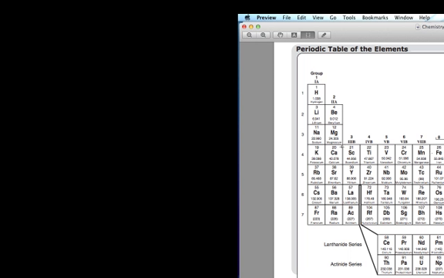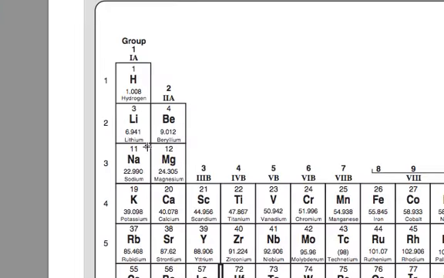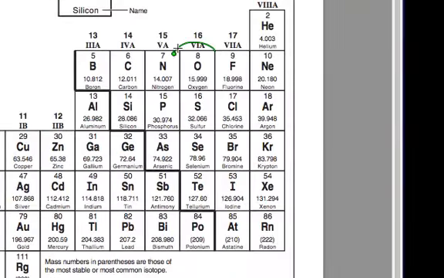We have sodium, which is right here, oxygen right there, and carbon, which is right here. So sodium, carbon, and oxygen. Sodium's 22.990, carbon 12.011, oxygen 15.999.